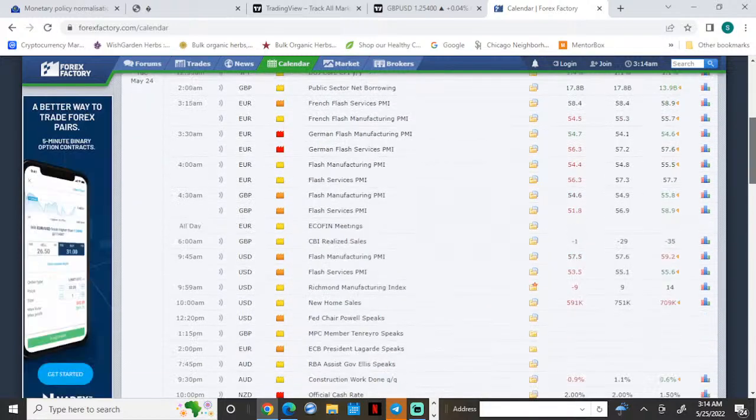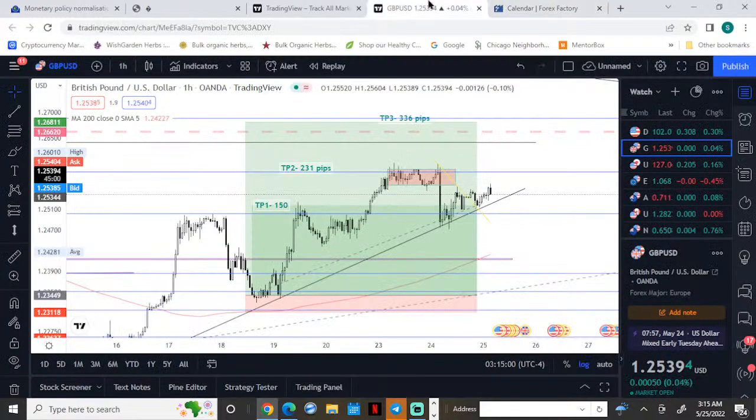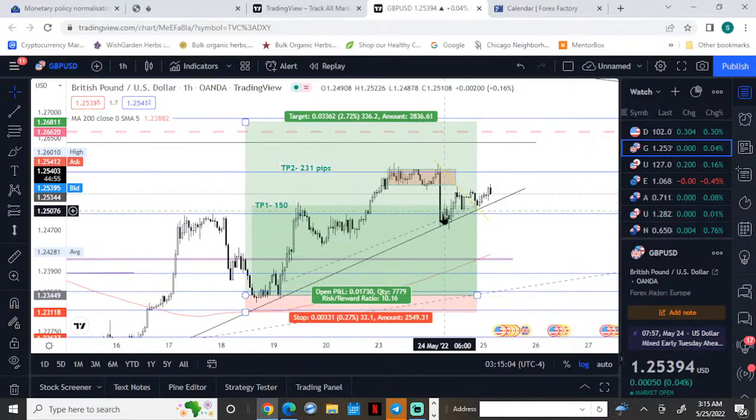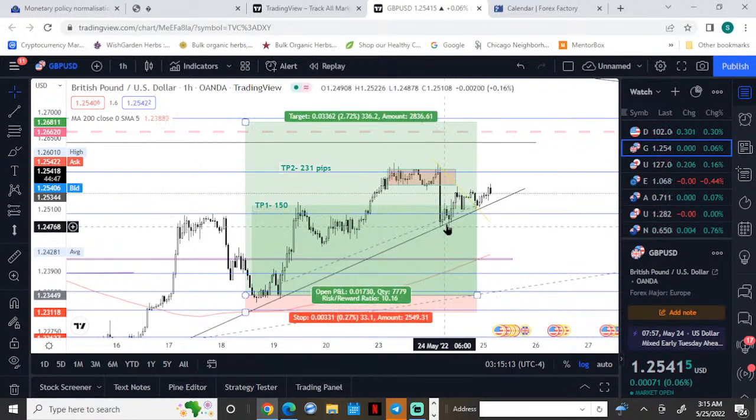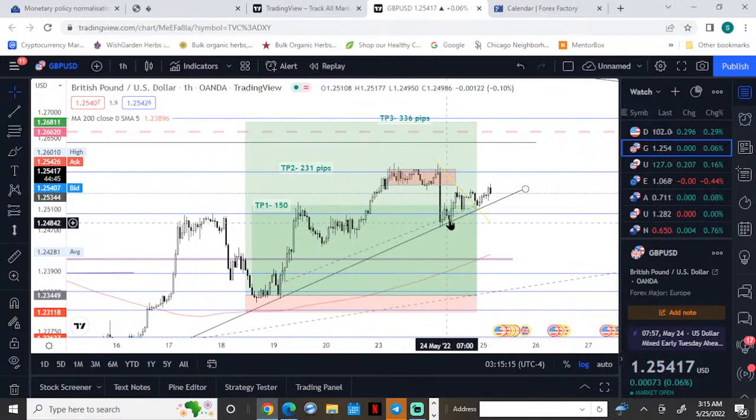From this flash manufacturing PMI news, which was definitely news to me, but that is now going on to my economic calendar. All right, and this is what we have been doing ever since yesterday to this morning. It has been respecting this trend line.